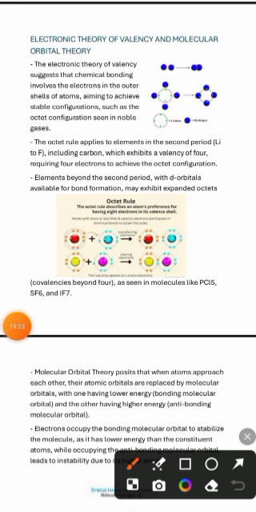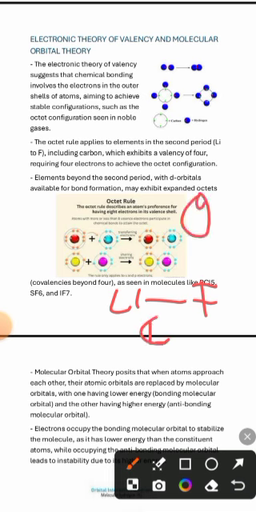Then we see that the octet rule applies to elements in the second period, lithium to fluorine, including carbon, which exhibits a valency of 4. Carbon has a valency of 4. That's why it's able to form bonds with most elements to achieve the octet configuration.